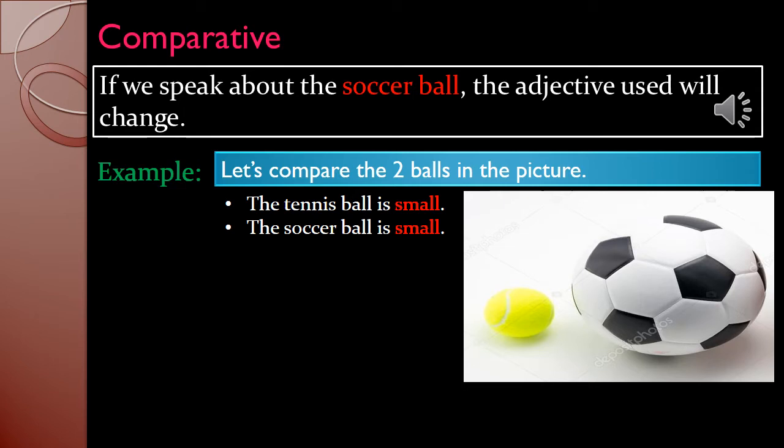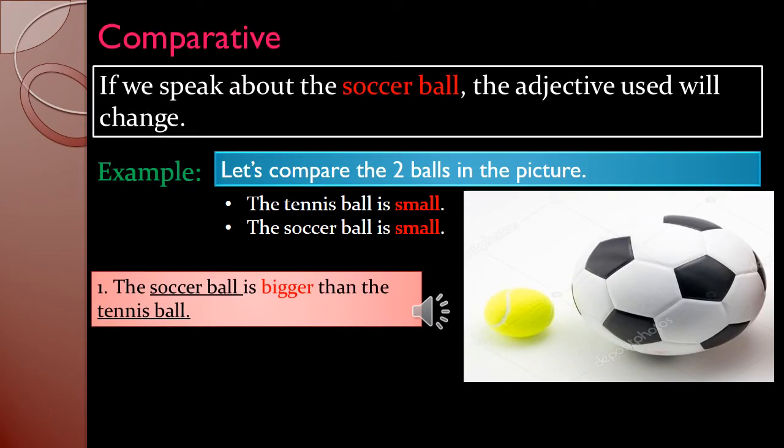The tennis ball is small, the soccer ball is small. But if we want to compare the soccer ball, again, we will not use the adjective small. Let's see what happens. If we read sentence number 1, the soccer ball is bigger than the tennis ball.